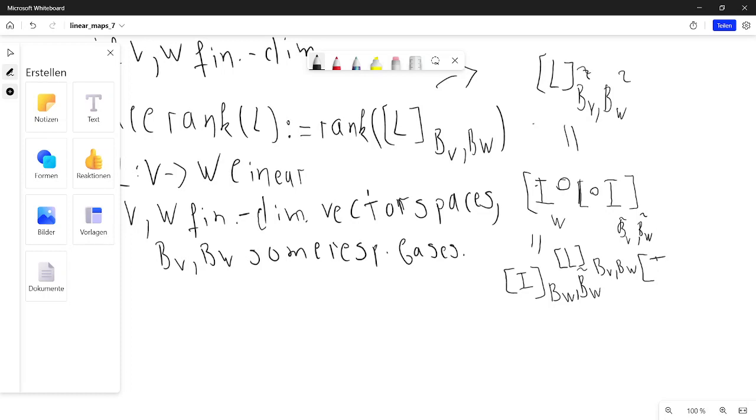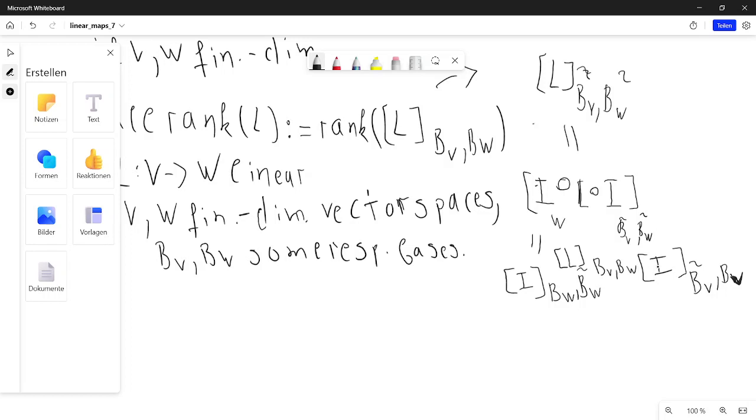So you see, you can play around with these notions. And this is P_V tilde, P_W. We go first from the representation of a vector in V tilde to B_V, then from B_V to W, so we apply our map in matrix form, then we go from W to B_W tilde, so we get exactly this thing.